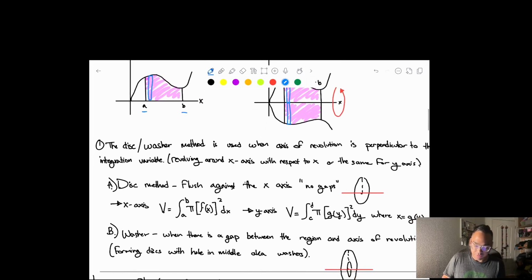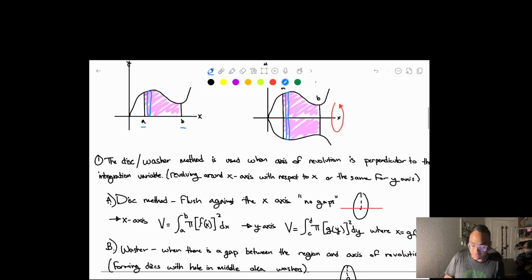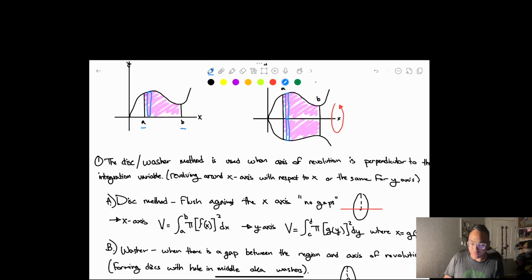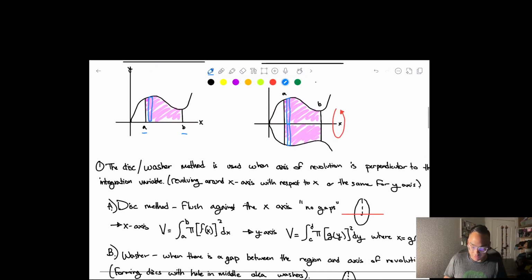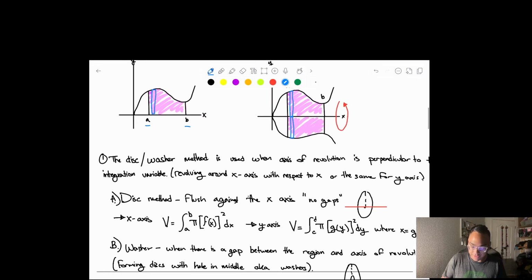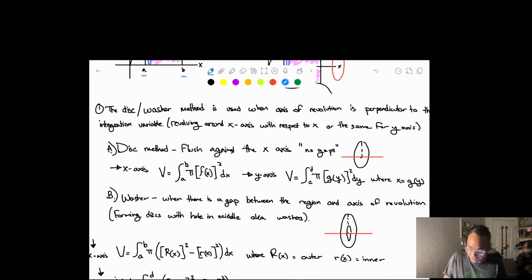Whenever you're doing this, you're revolving around the x-axis with respect to x, or around the y-axis with respect to y. If the region is flush against the axis, there are no gaps, as we can see over here. So we're going to use something called a disk, because there are no gaps. They're just discs of the actual chunk that we're going to be taking.